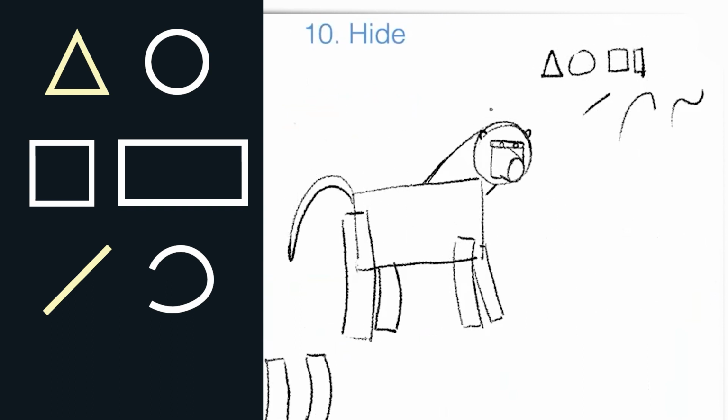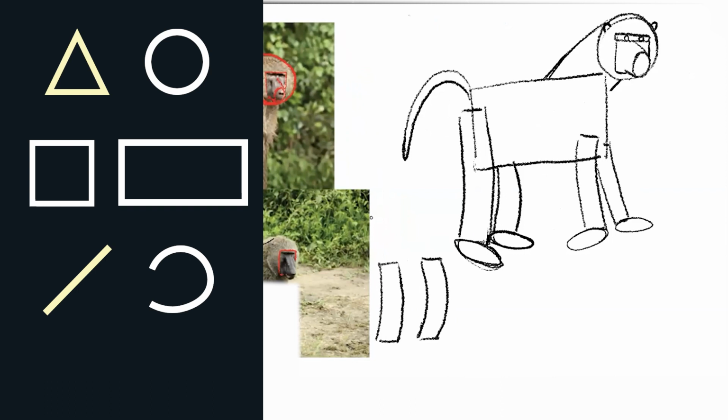What about his feet and his hands? What shape can we draw for his feet and his hands? Yeah, so we can draw ovals. Okay, what about the nose and the mouth? How do we draw the nose and the mouth?